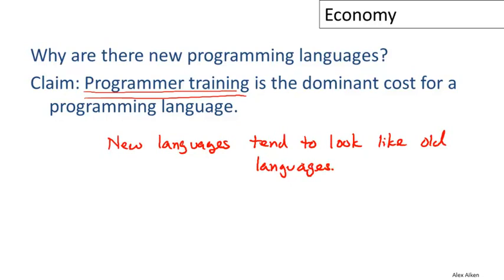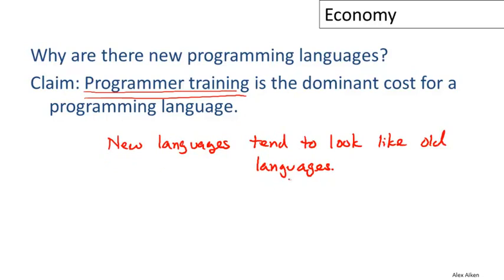They have a family resemblance to some predecessor language, sometimes a number of predecessor languages. And why is that? Well, partly it's hard to think of truly new things, but also I think there's an economic benefit to this. Namely, that it reduces the training cost. By having your new language look like an old language, by leveraging what people already know about the old language, you make it easier for people to learn the new language. You make them learn it more quickly.